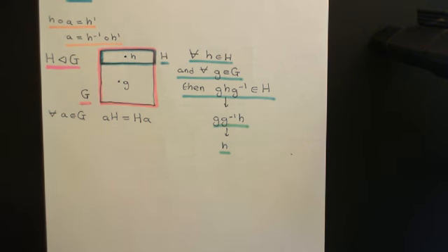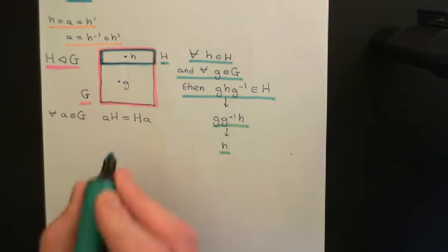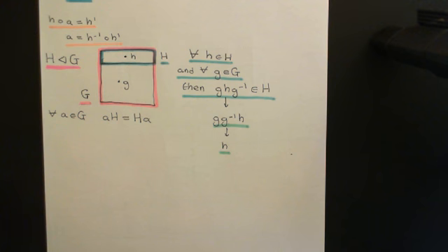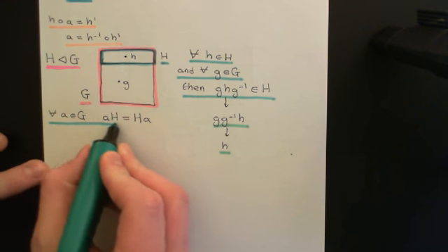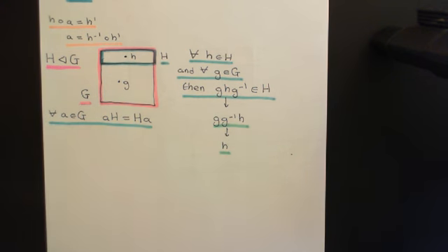We've already said that this is true if the larger group is abelian. We're now going a little bit further. We're saying that even if we're not in an abelian group, it can still be true if the subgroup is a normal subgroup, and that will be true for all little a you pick. So you don't have to pick a special little a. You can pick whichever little a you want, basically.